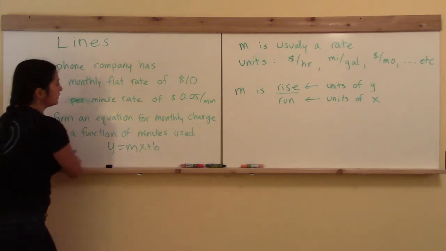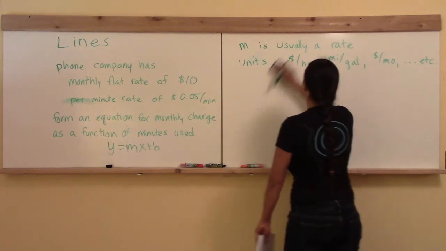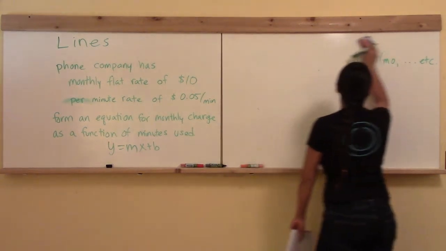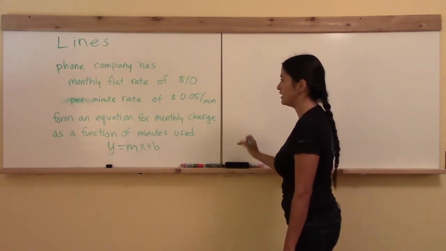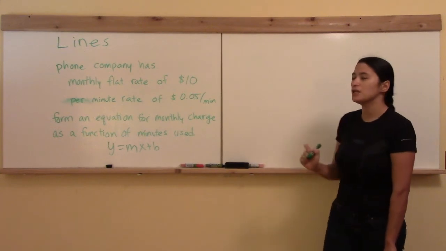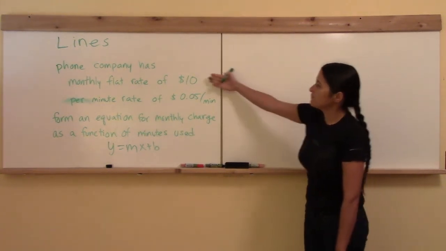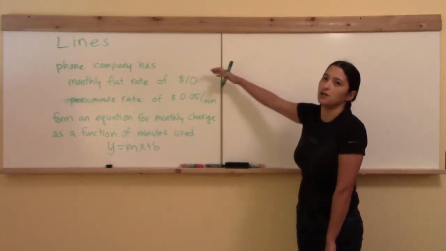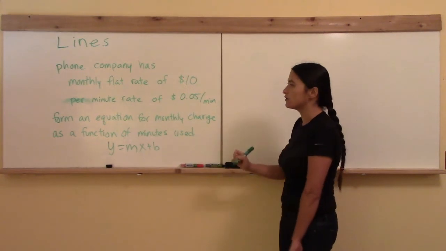Okay? So let's see. We really only have two numbers here. We're going to use the letters x and y for the variables. So it's basically where should I put the 10 and where should I put the 0.05. And if you remember what I just said, the units on a slope are usually something per something. This one, $10, is just dollars. It has actually the same units as the y, because the y is the charge in dollars.